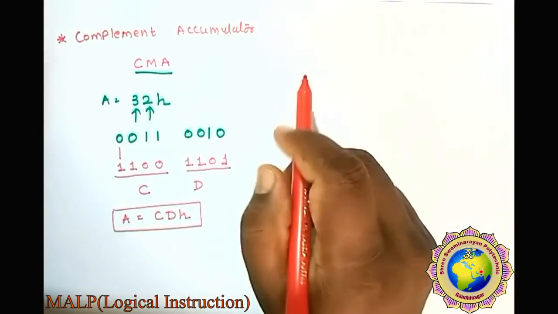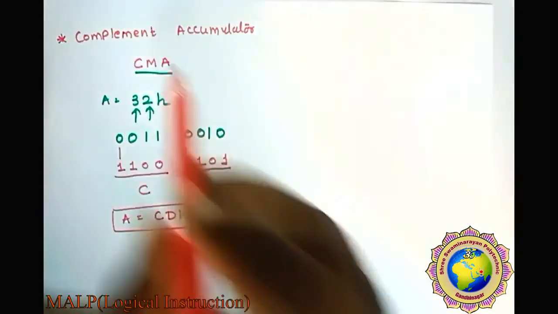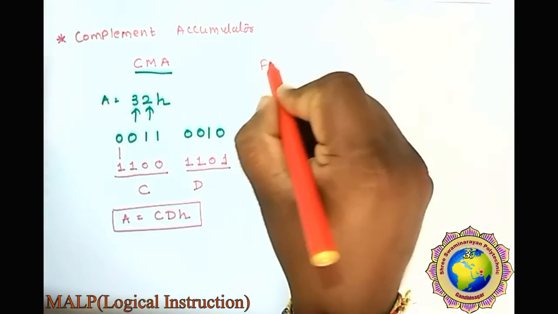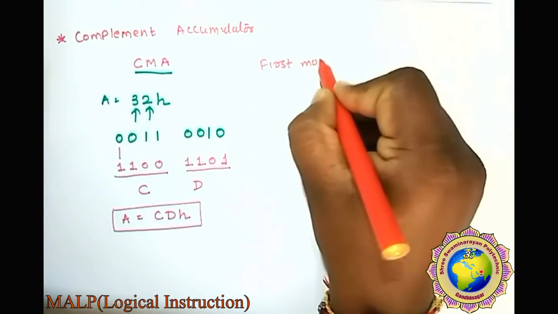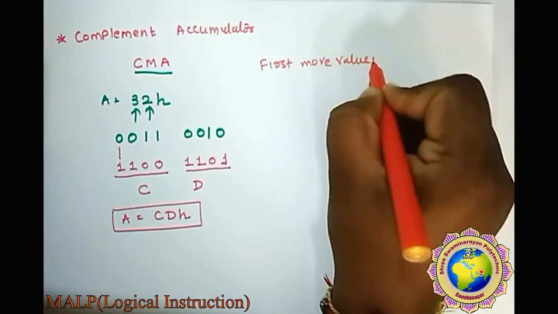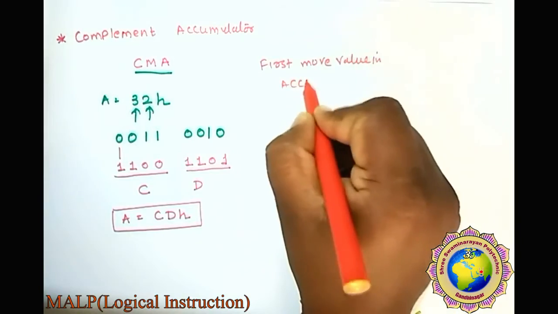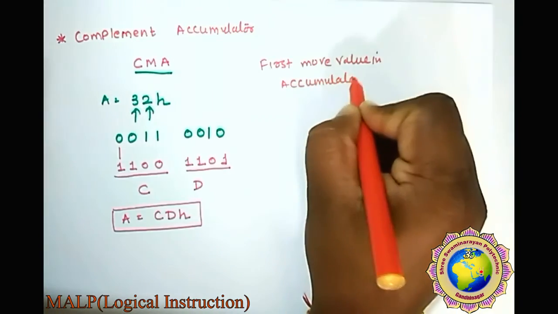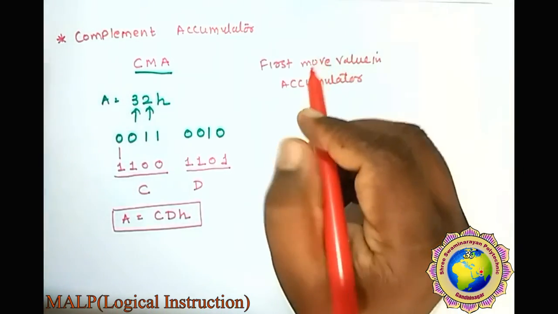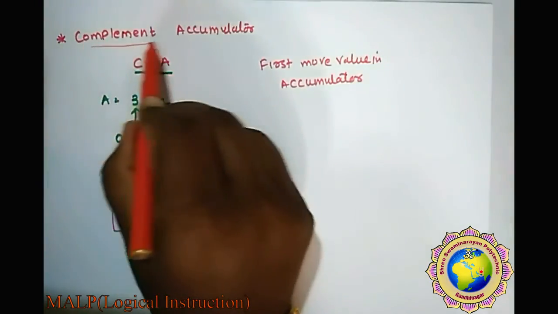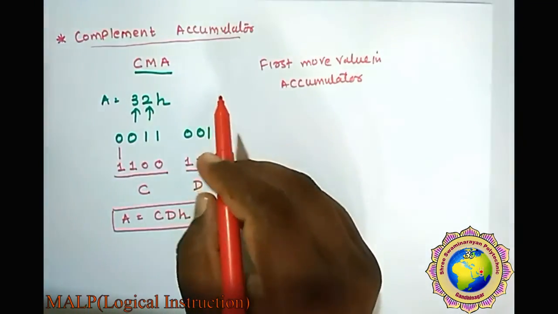To complement any register value, we first have to move the value into the accumulator, because it complements only the accumulator.